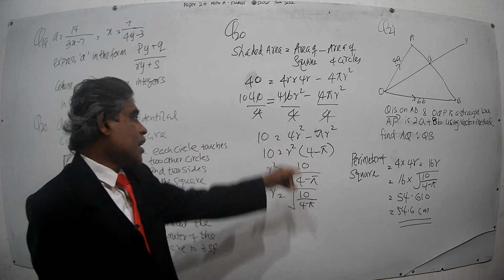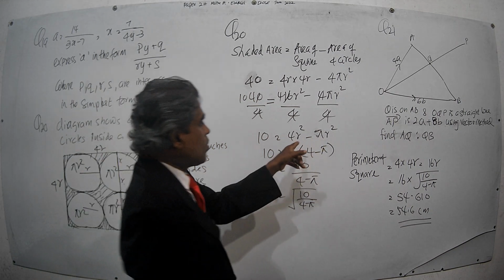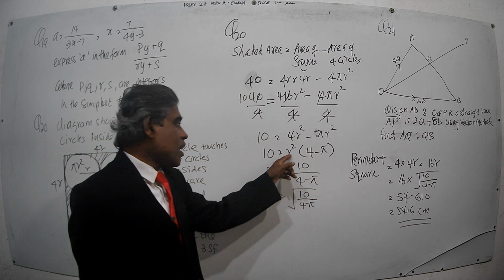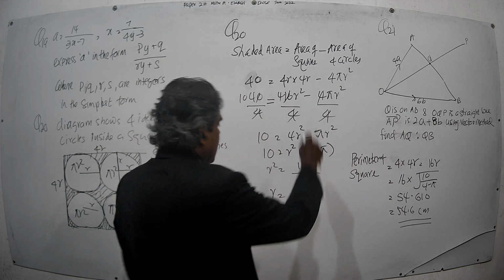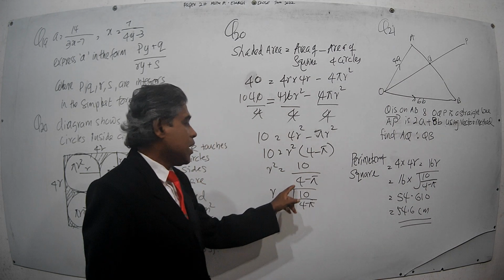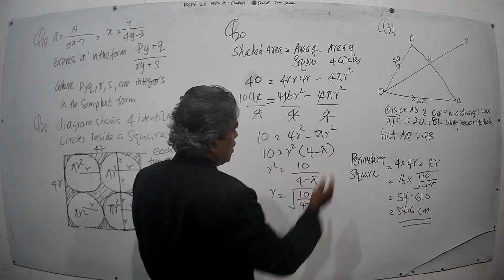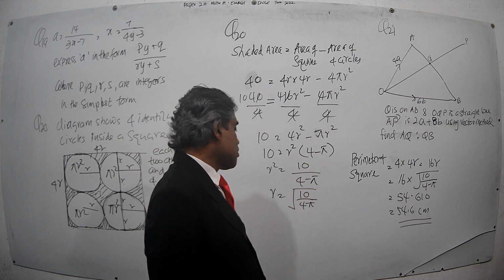Then we try to make r the subject. If r squared is a common factor, you take it out, and 4 minus pi into r squared, then this multiplication by 4 minus pi is taken to the other side as division by 4 minus pi. Then 10 divided by 4 minus pi.